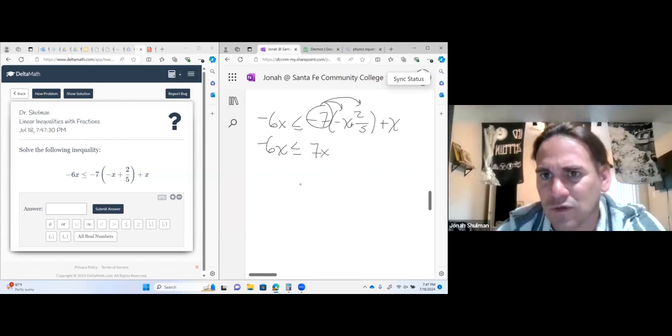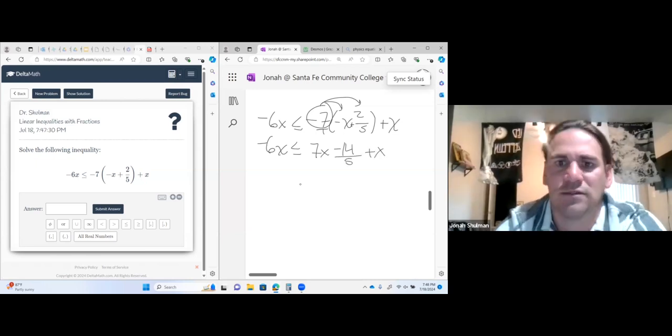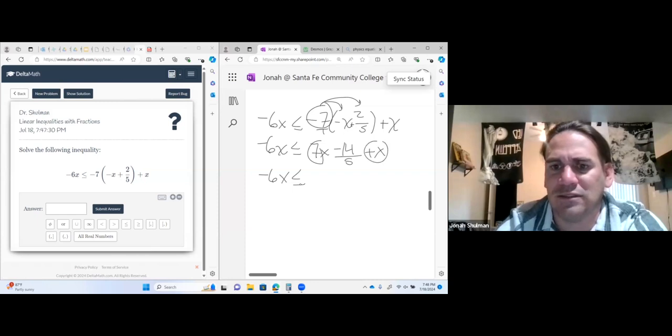We got to bring this over here. 7 times 2 is 14. So it's going to be negative 14 over 5 plus x. 7x and an x makes that an 8x minus 14 over 5 minus the 8x to both sides.